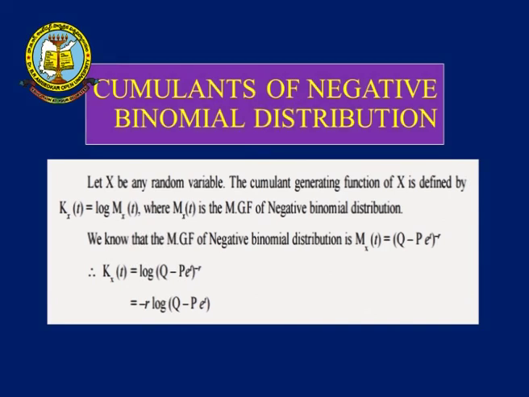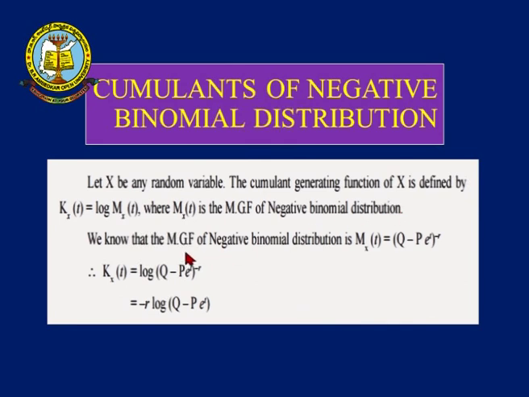Next, cumulants of the negative binomial distribution. Let X be any random variable. The cumulant generating function of X is defined by K_X(t) equal to log of M_X(t), where M_X(t) is the moment generating function of the negative binomial distribution.